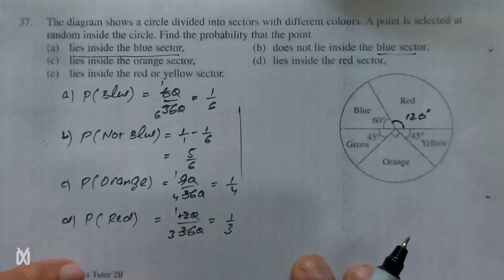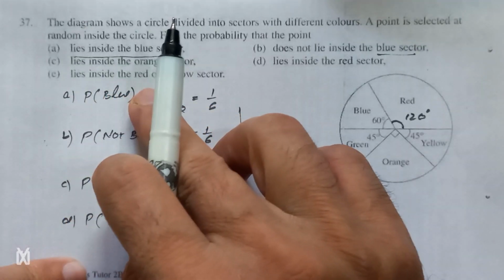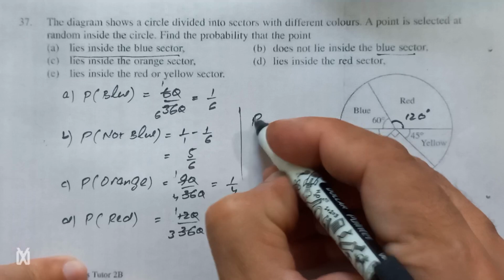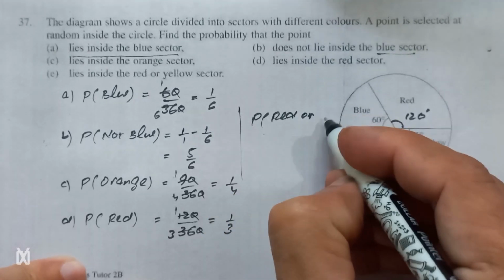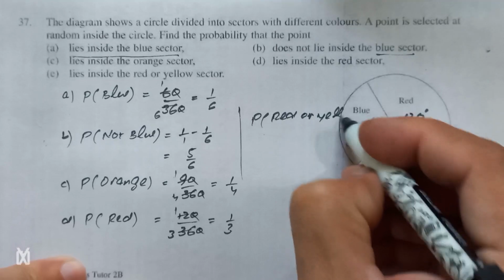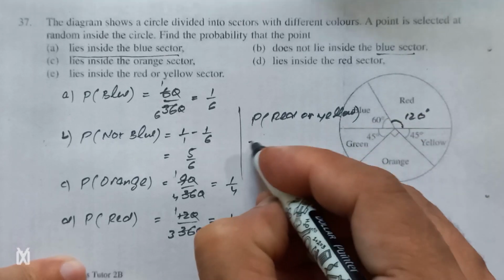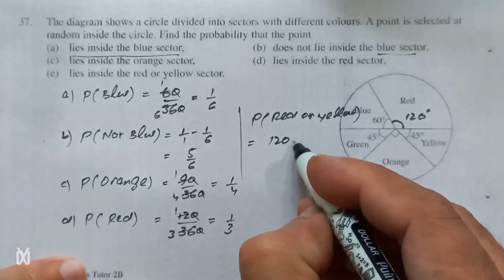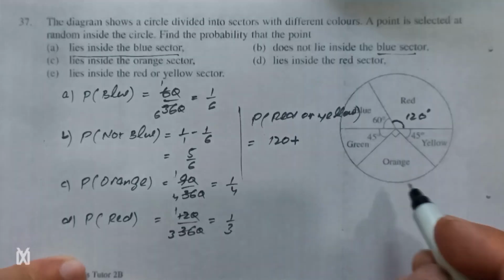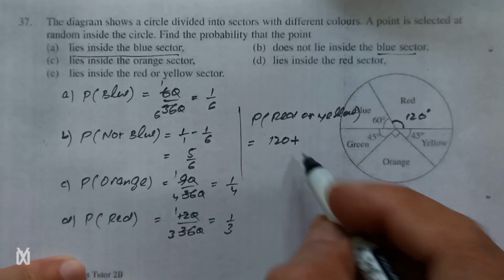Last part, lies inside the red or yellow. Probability of red or yellow. Red's angle is 120 and yellow angle is 45.